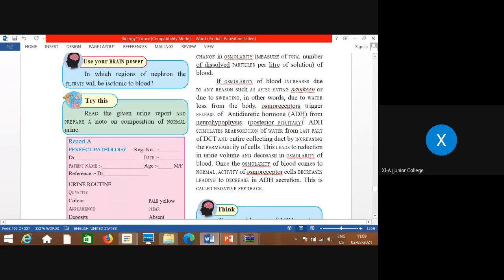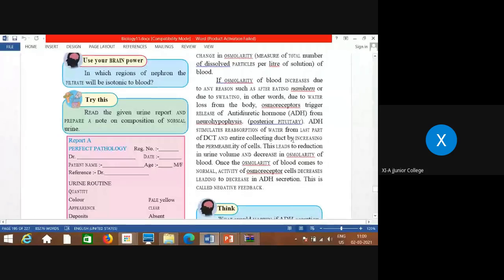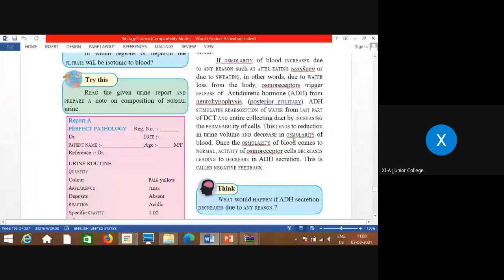When ADH starts functioning, it stimulates the reabsorption of water from the DCT and CT region. So the cell becomes permeable to water, maximum water is reabsorbed, and in this way the osmolarity of the blood volume is maintained. When the osmolarity of the blood comes to normal, this function is stopped.